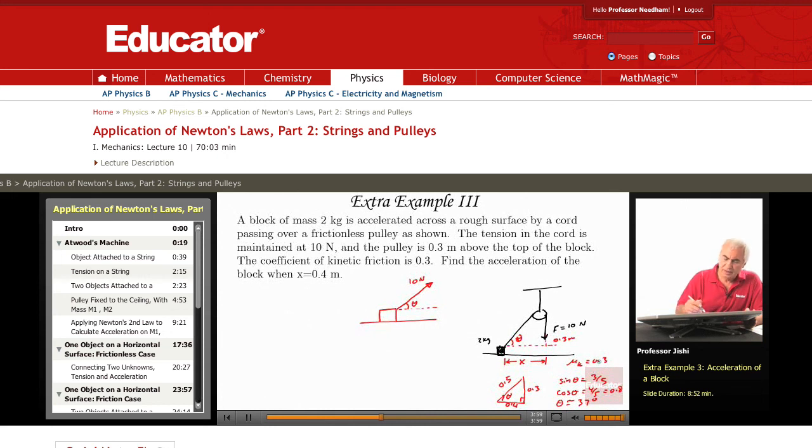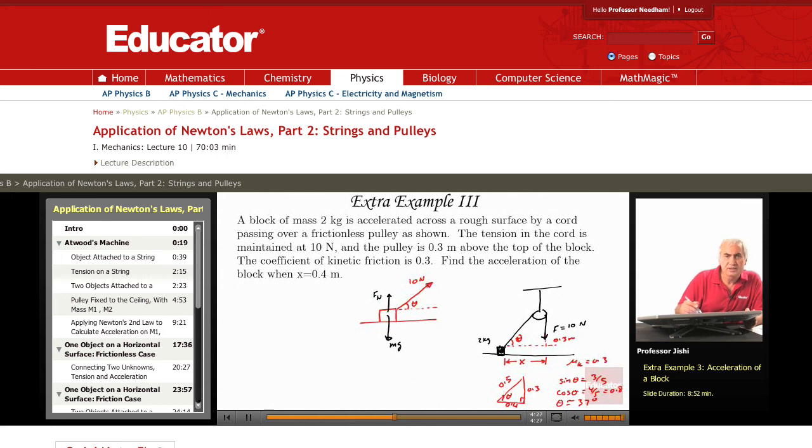So I look at the horizontal forces acting and ask what horizontal force is acting, what vertical force is acting on this. Vertically, I have mg, I have normal force, but I have this force also.